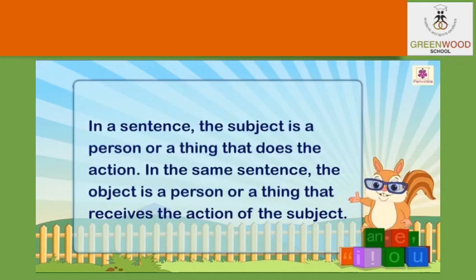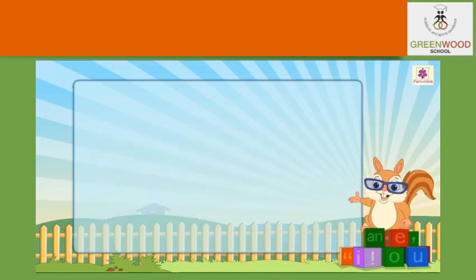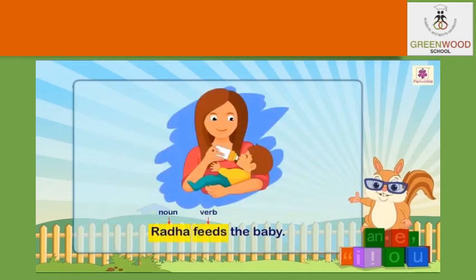In a sentence, the subject is a person or a thing that does the action. In the same sentence, the object is a person or a thing that receives the action of the subject. For example, Radha feeds the baby.